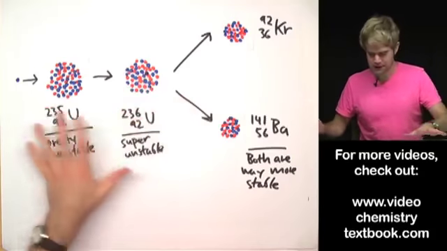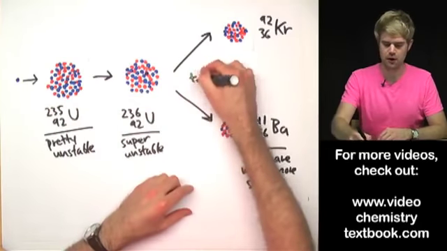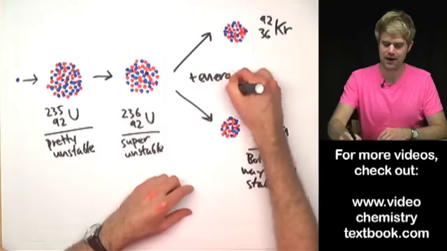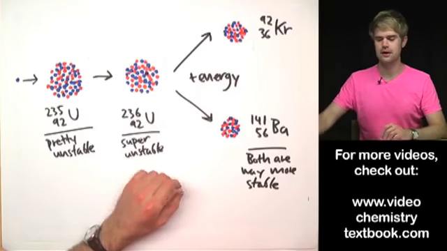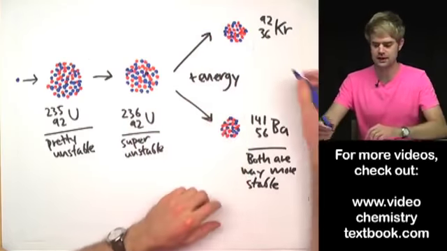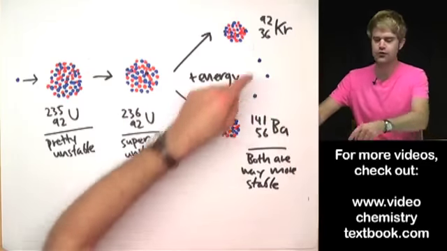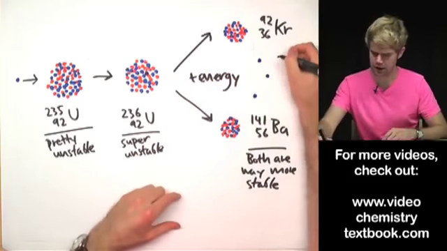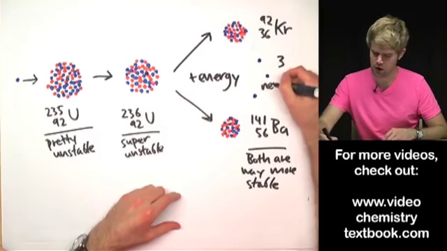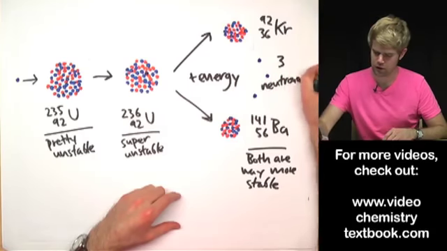So we're going from unstable to stable, so energy can be released. Now this actually isn't the only thing that gets made. Also in the process, 3 neutrons, here they are right here, 3 neutrons also get created.